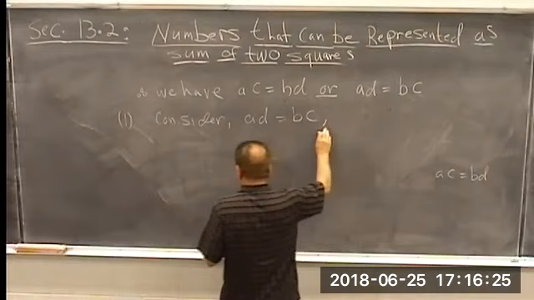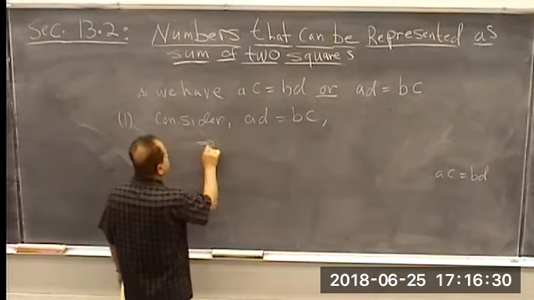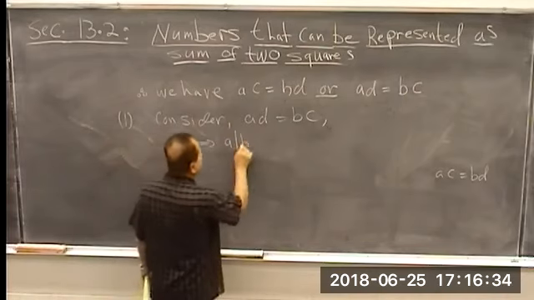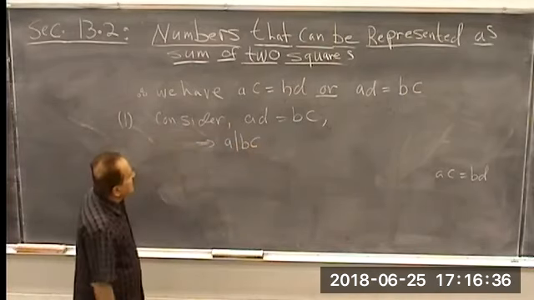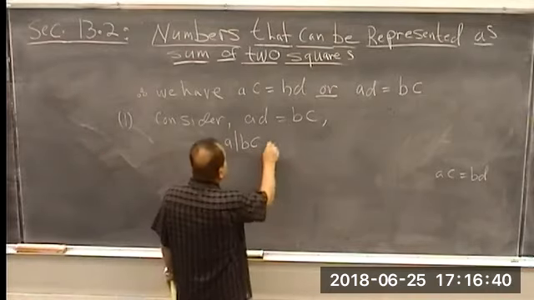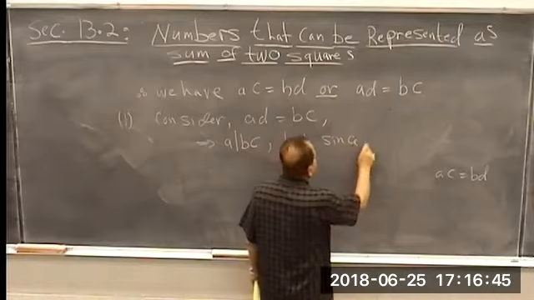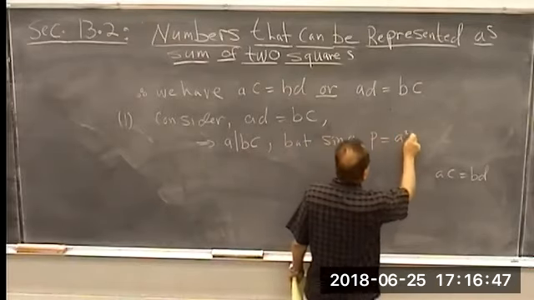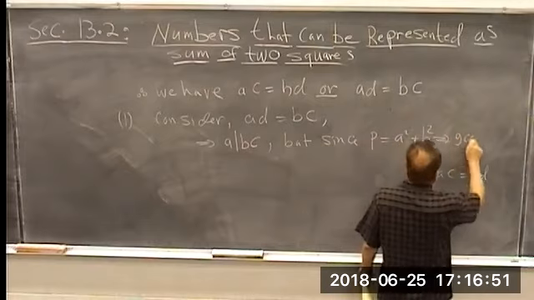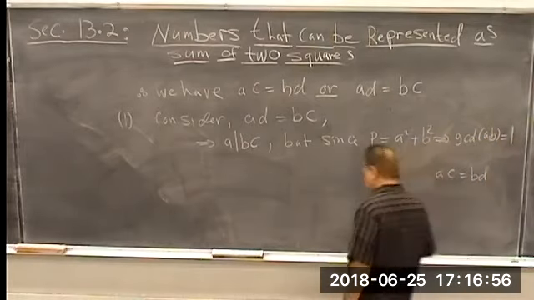Then this implies that A divides BC. Now, but since P is equal to A squared plus B squared, this implies the greatest common divisor of A, B is equal to 1.